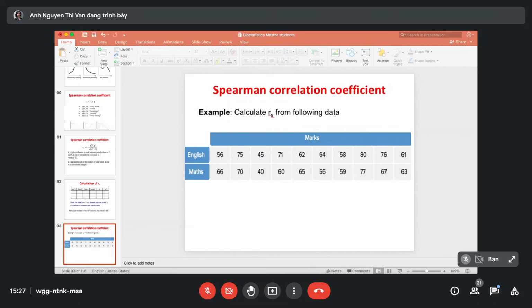Why? Okay. Because the non-parametric test does not need to check the normality. What else? What is the non-parametric test here?